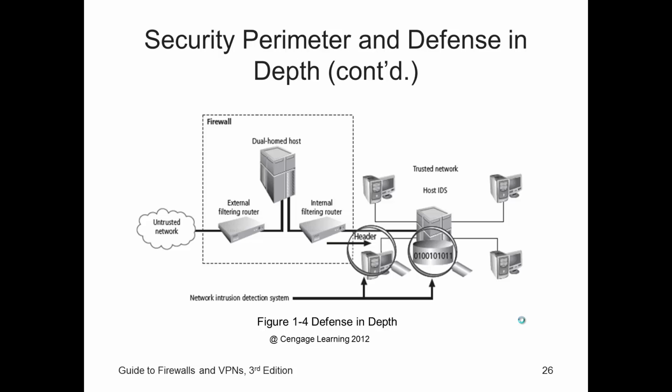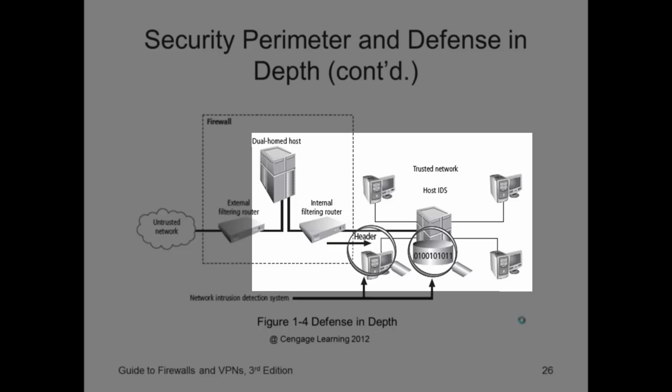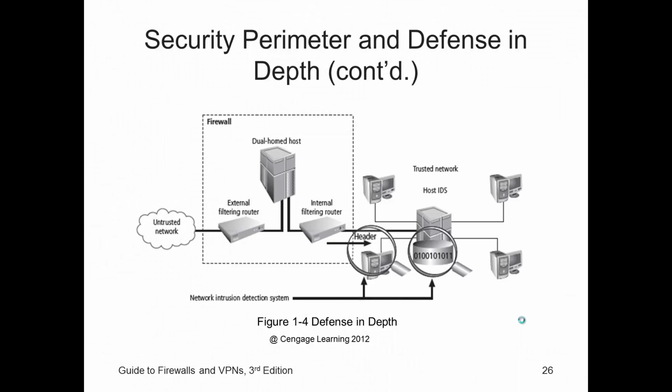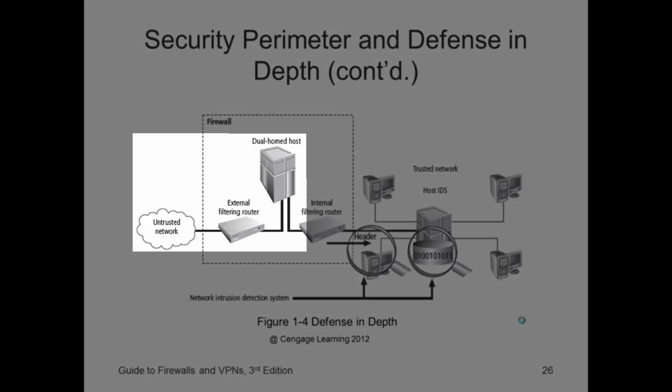We're probably looking at an environment where everything to the right, from the internal filtering router on in, the NIC that device is attached to is probably looking at a private Class C address. We're probably doing some address translation there in the host.